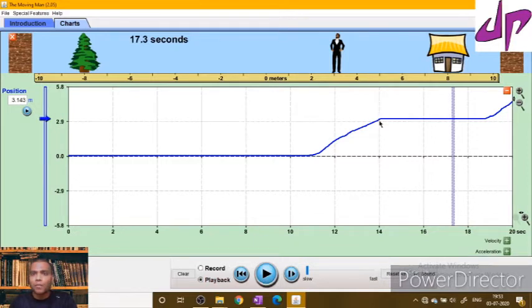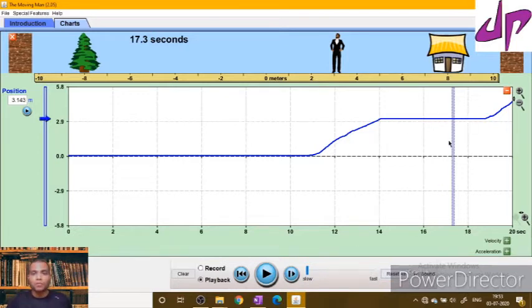From here to there, the person is at rest. He is not moving. We need to represent his action, either movement or stop, in the graph in the form of a line. So this straight line, which is parallel to the x-axis, represents that the person is at rest.